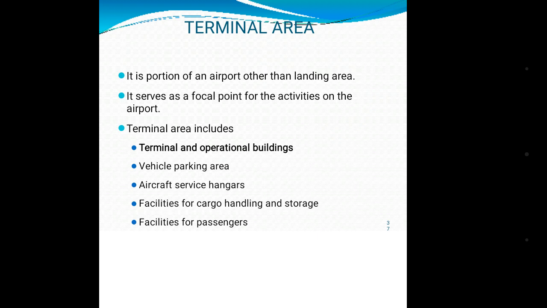The last point for this runway geometrics is the terminal area. What is the terminal area? It is the portion of an airport other than the landing area. It serves as a focal point for the activities on the airport. Now what does this terminal area include? It includes terminal and operational buildings, vehicle parking area, aircraft service hangars, facilities for cargo handling and storage, and facilities for the passengers.